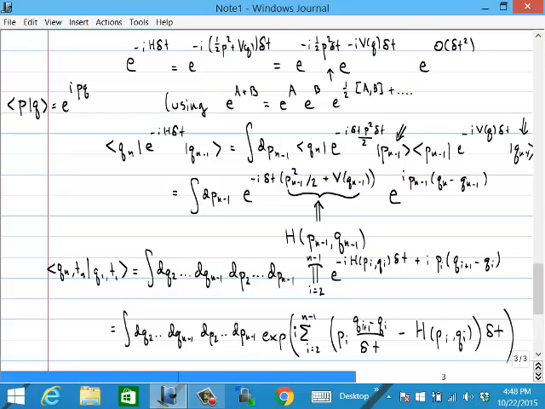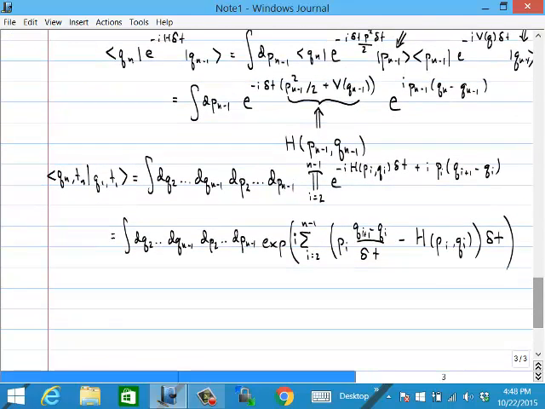Any other questions on this? Okay. Now a miracle occurs. What we do is we take the limit where n goes to infinity, delta t goes to 0. And what is this expression?